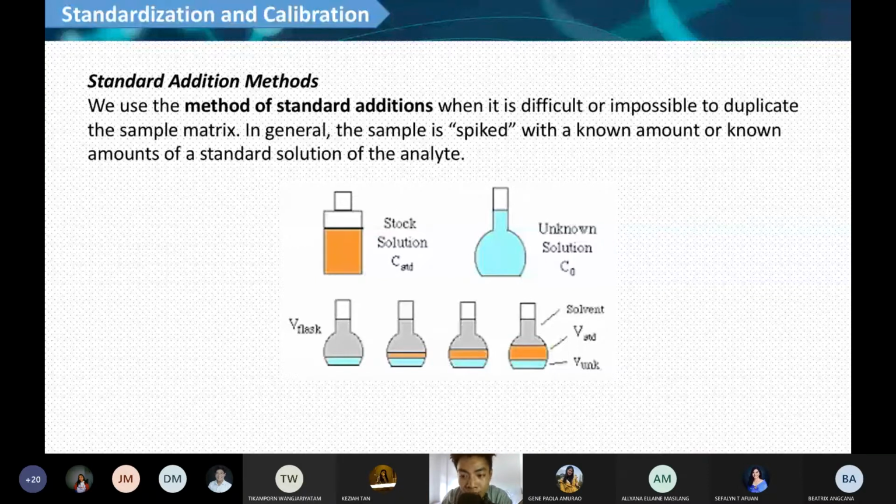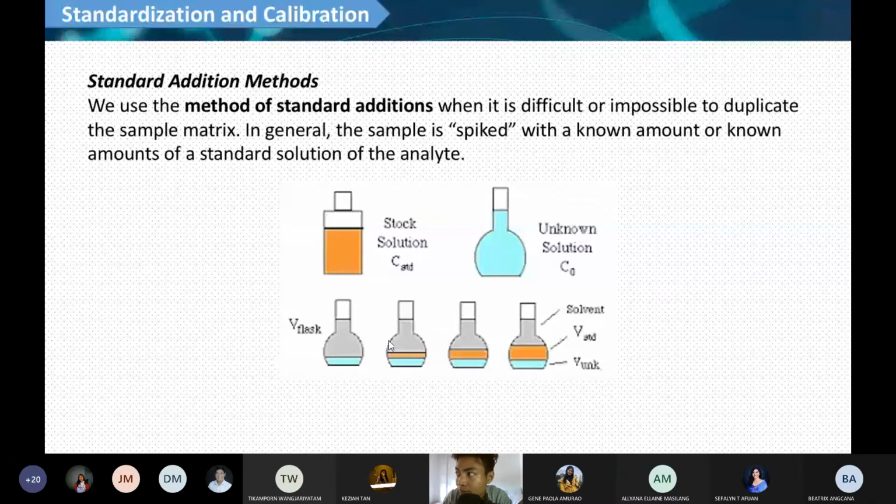So you will do ratio and proportion with the response of the instrument for your unknown solution, your sample without the standard addition, and your sample with standard addition. You're going to compare the two readings, the one without the standard and the one with the standard, and compare their instrument response ratio so that you will be able to determine the concentration of the unknown.